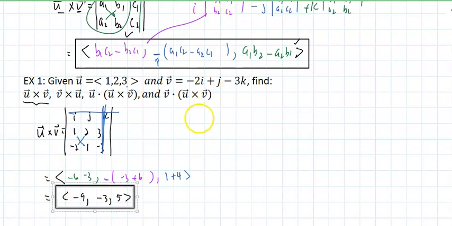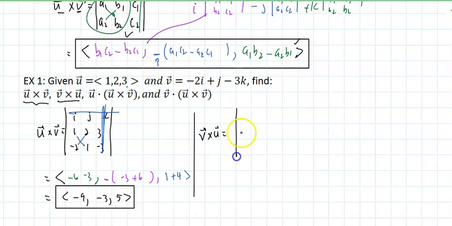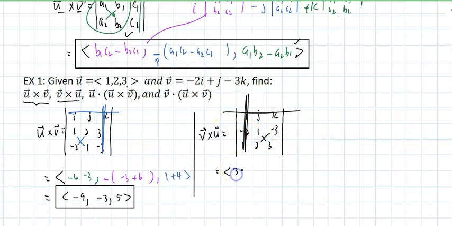What if I wanted to find v cross u? Same thing, not in vector land, not true. So if I take v first, negative 2, 1, negative 3, and 1, 2, 3 for u second, how does this work? And let's see. The i component, 3 minus a negative 6 is plus 6.